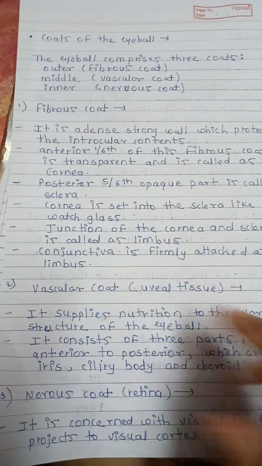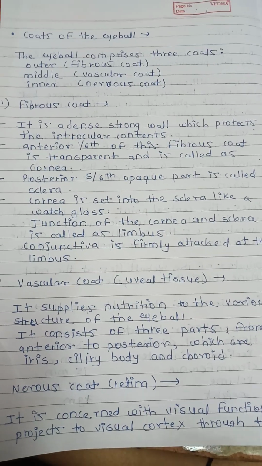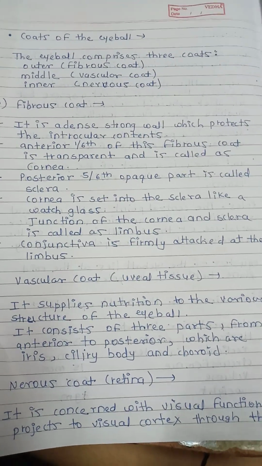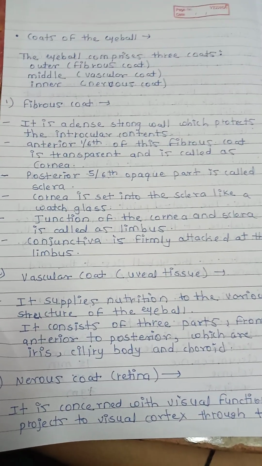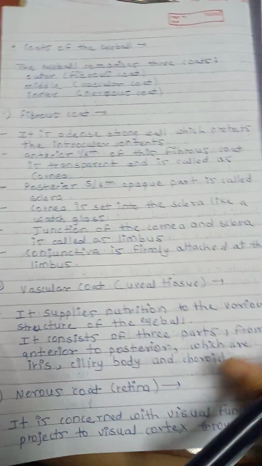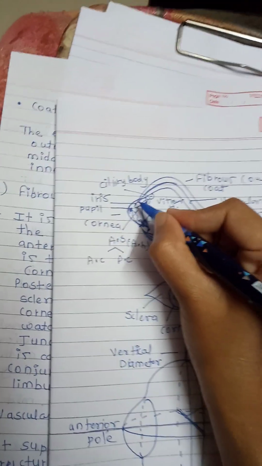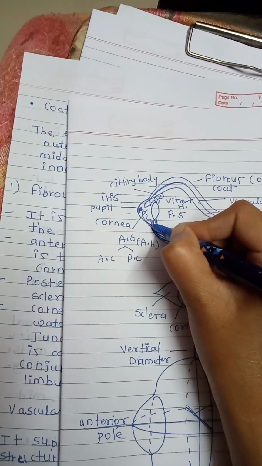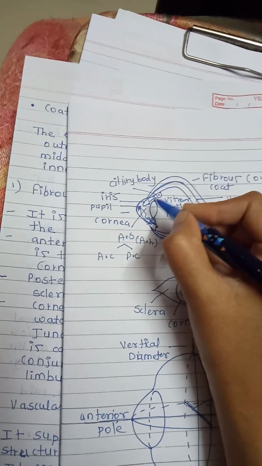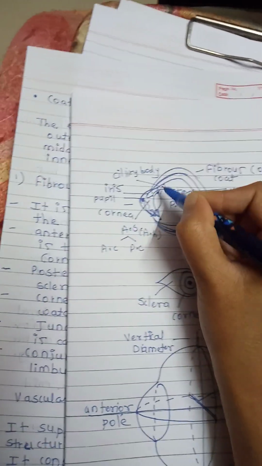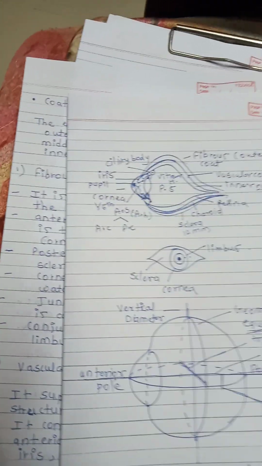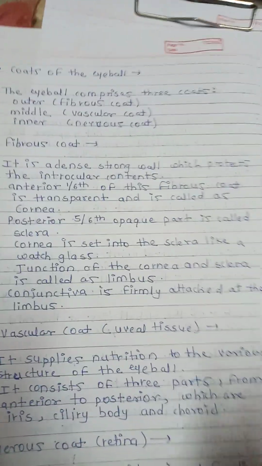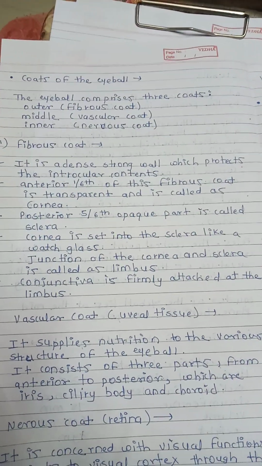The anterior 1/6 of this fibrous coat is transparent and is called the cornea. Then the posterior 5/6 opaque part is called the sclera.